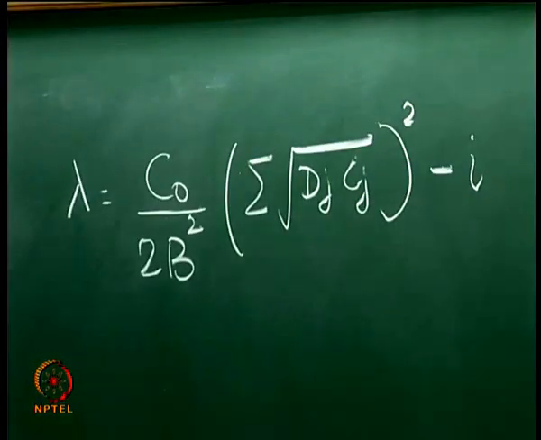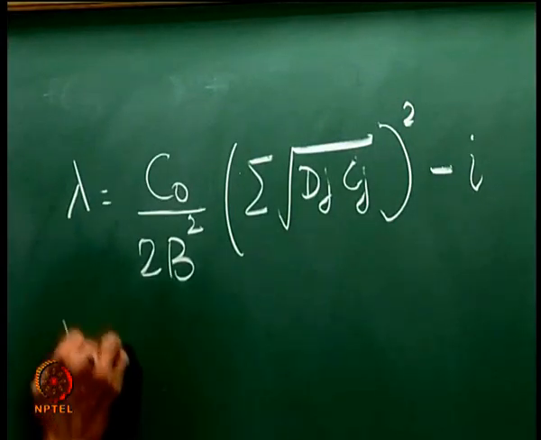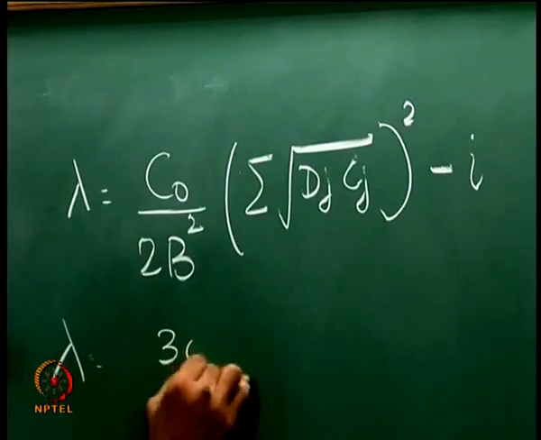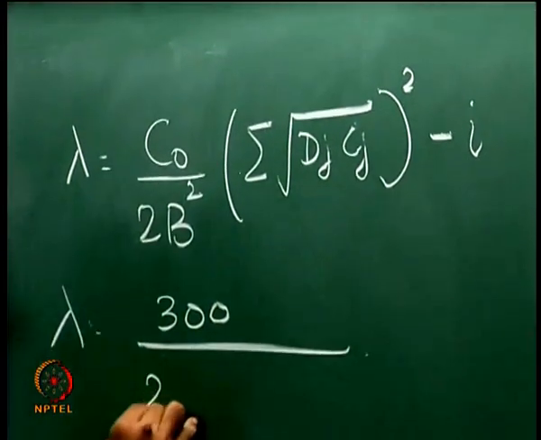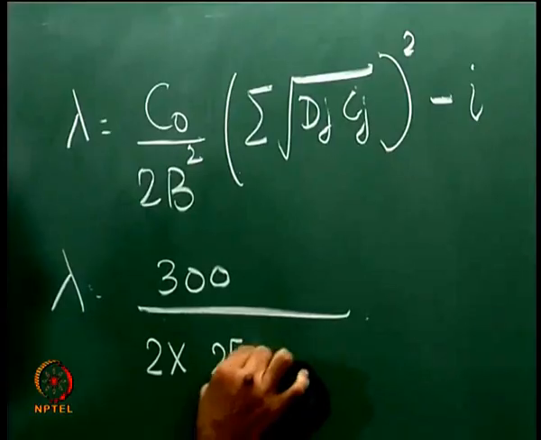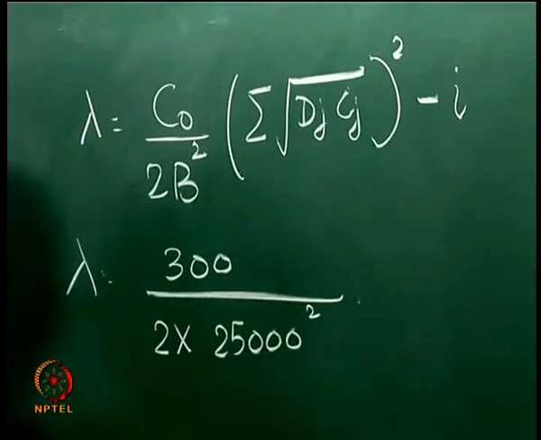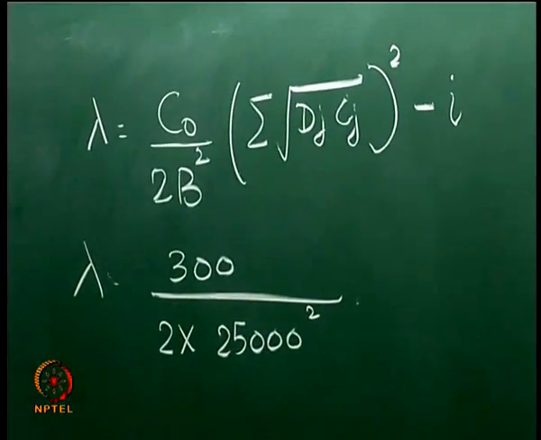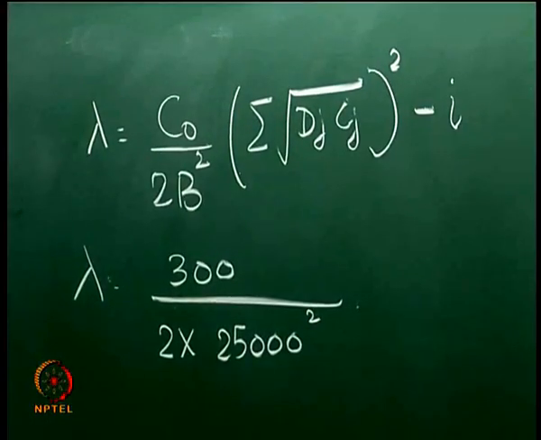Applying this to the numerical illustration, lambda is equal to 300 divided by 2 into 25,000 square. We have now kept the capital B as 25,000.